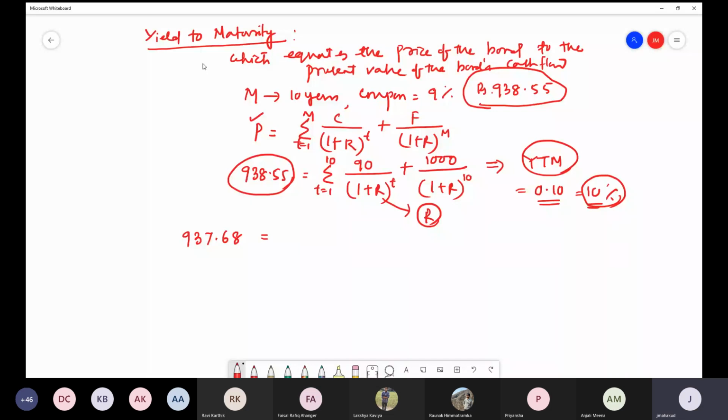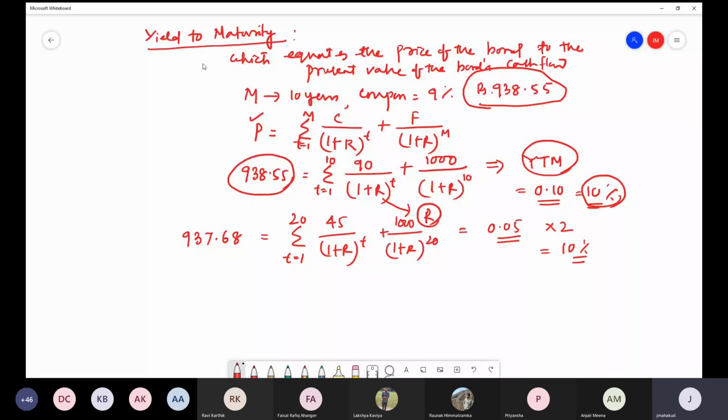So that, if you see, t is equal to 1 to 20, then it will be 45 divided by (1 plus r) to the power t, plus 1000 divided by (1 plus r) to the power 20. If you solve it, you will find r coming approximately 0.05. Since it is semi-annual, you multiply by 2, that will give you your 10% interest or 10% yield.